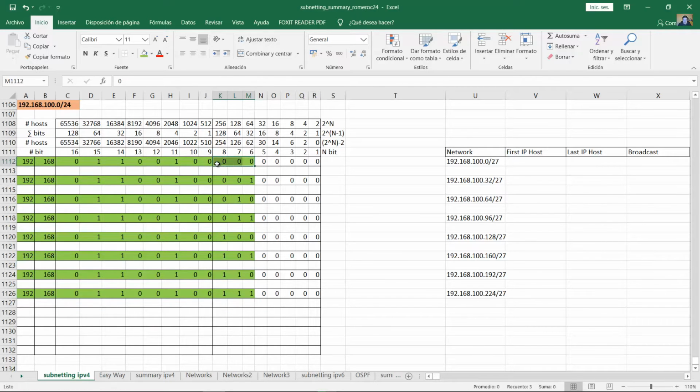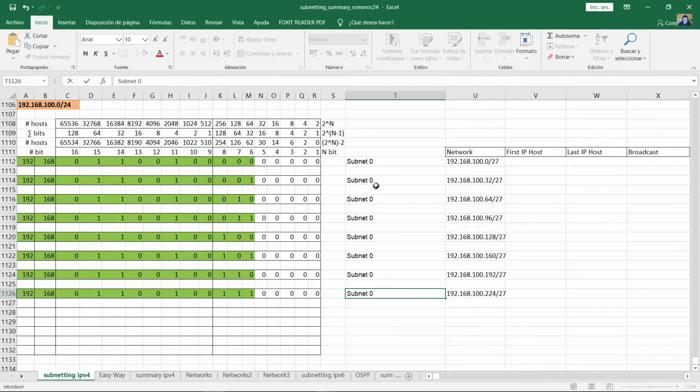So that's why from 0 to 7, they are 8 subnets. And these are the subnets.